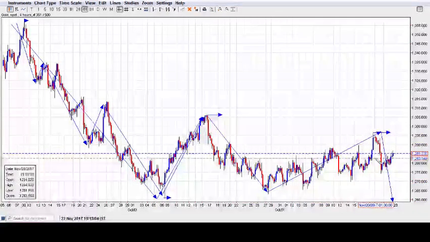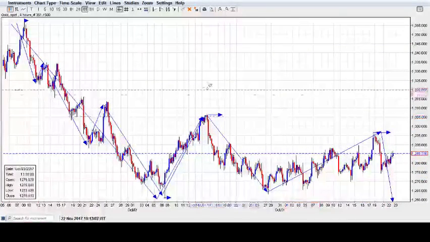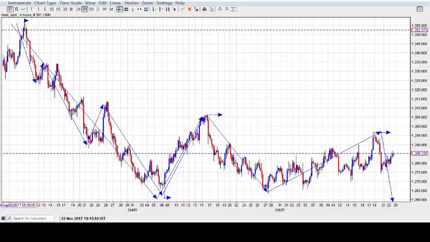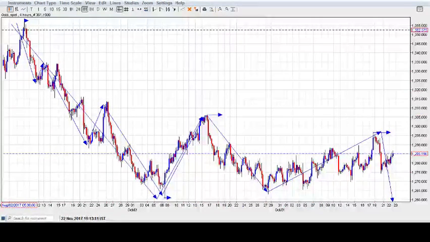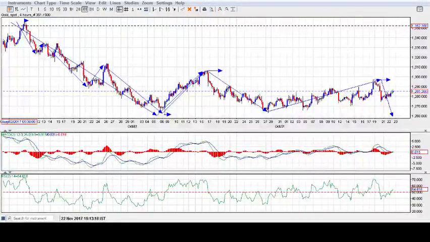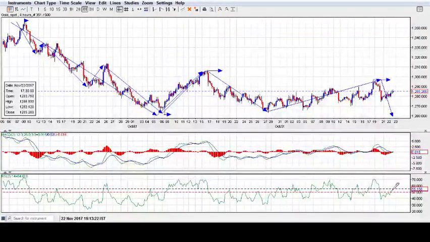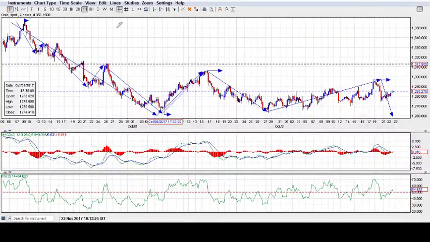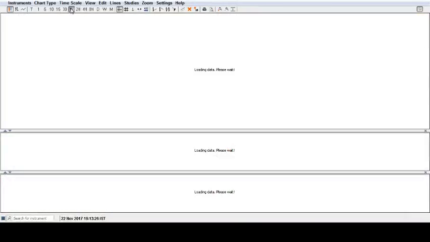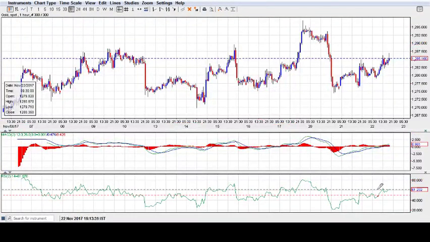All right, so that is the wave count in gold. It's coming up nicely. If you look at the oscillators as well, the RSI is at 55, and going by the hourly chart, the RSI is around 61 already.